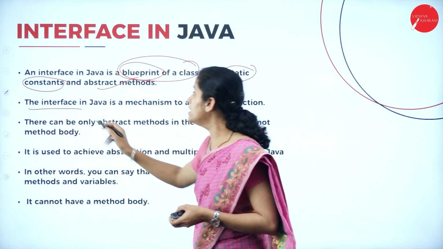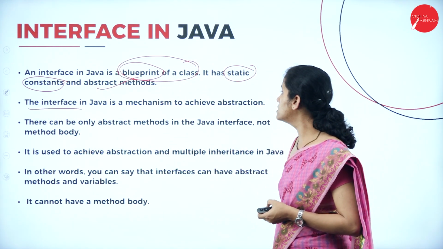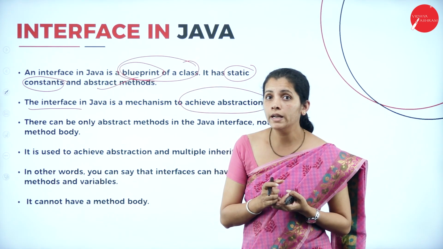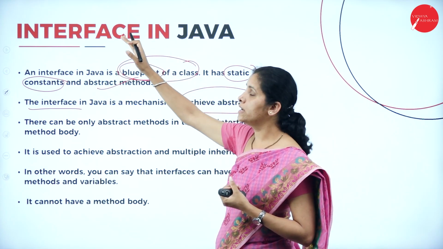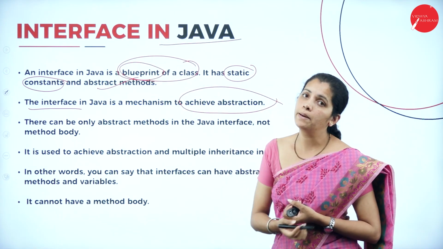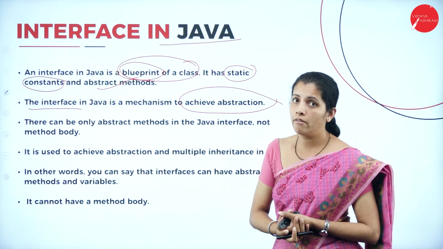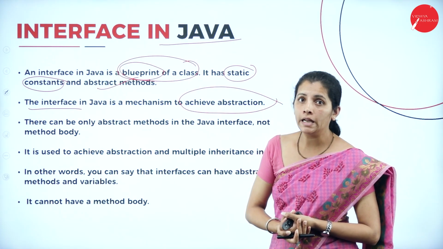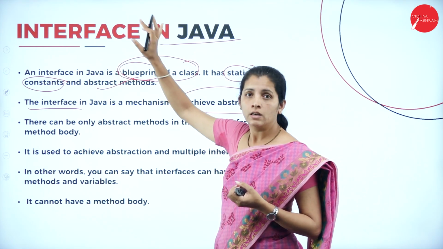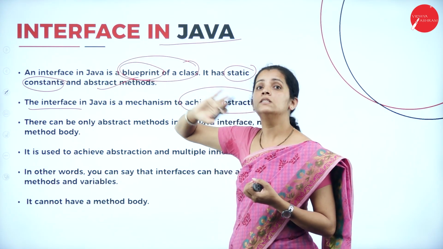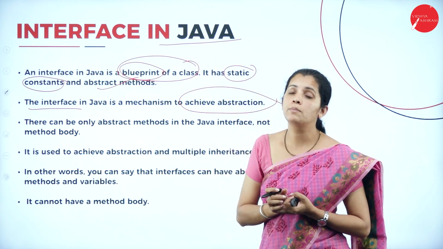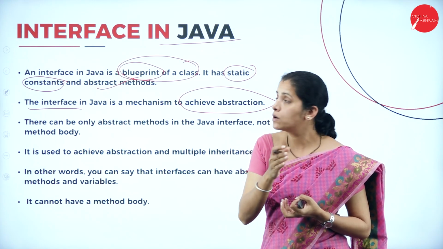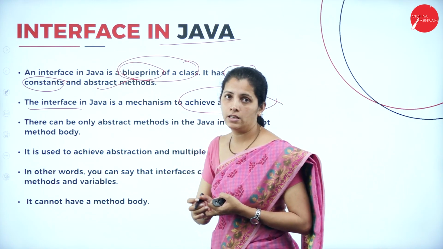Now, the interface in Java is a mechanism to achieve abstraction. So dear student, interface plays a very important role in Java. Java does not support multiple inheritance, and to achieve that we are going to use interface.